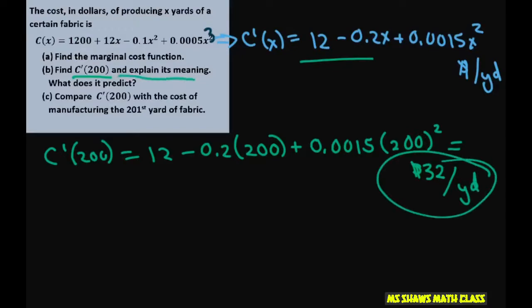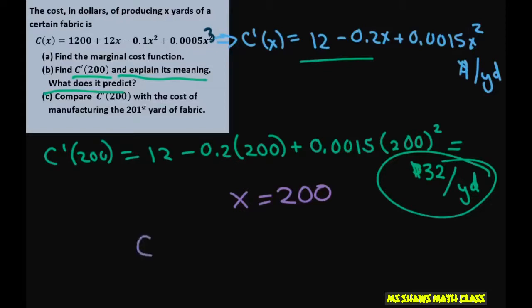Now explain its meaning and what does it predict? Okay, this is the rate at which costs are increasing with respect to production level when x equals 200. So this is the rate at which the costs are increasing with respect to production level.